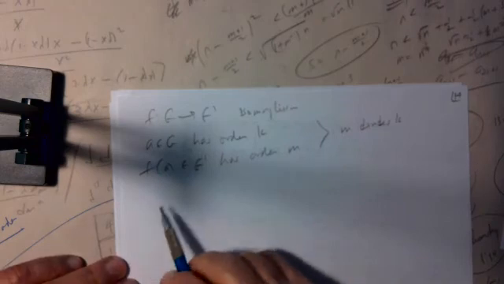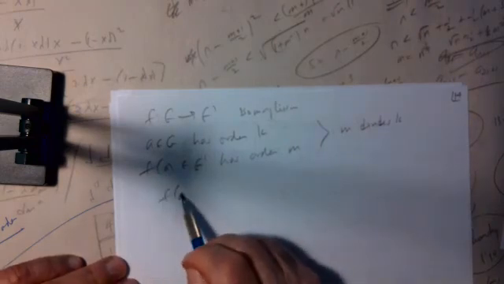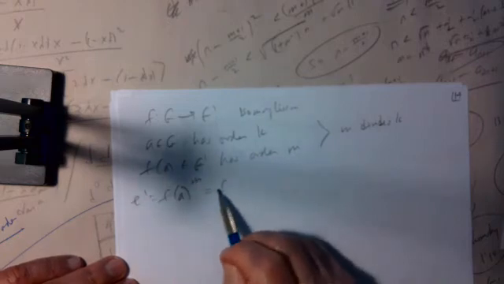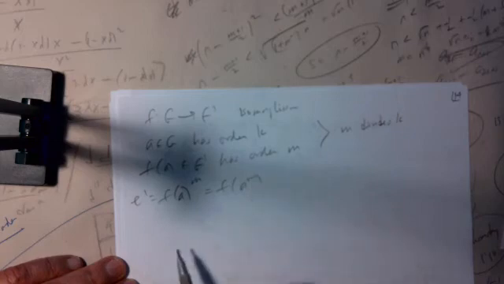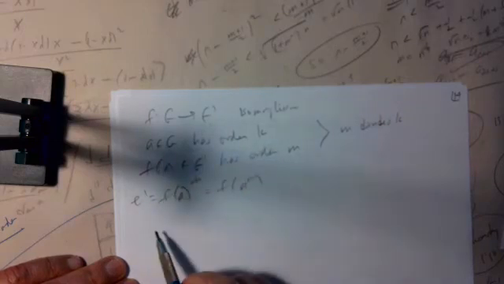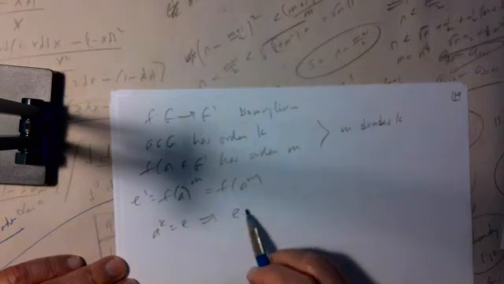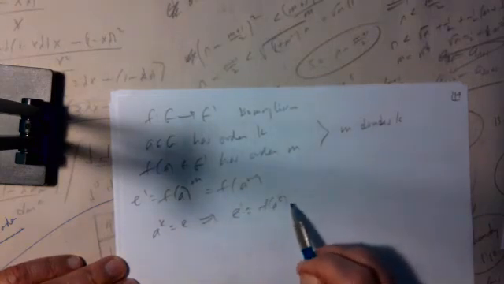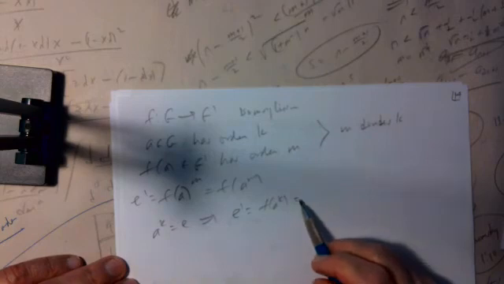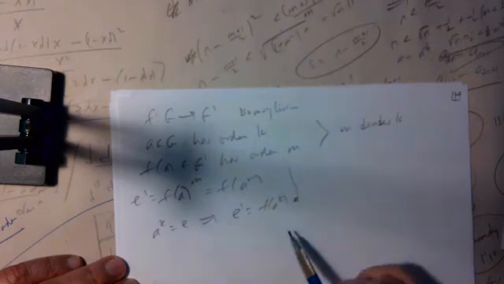But we also know that f of a to the m is the identity, and a has order k, so a to the k equals the identity, meaning e prime is f of a to the k.